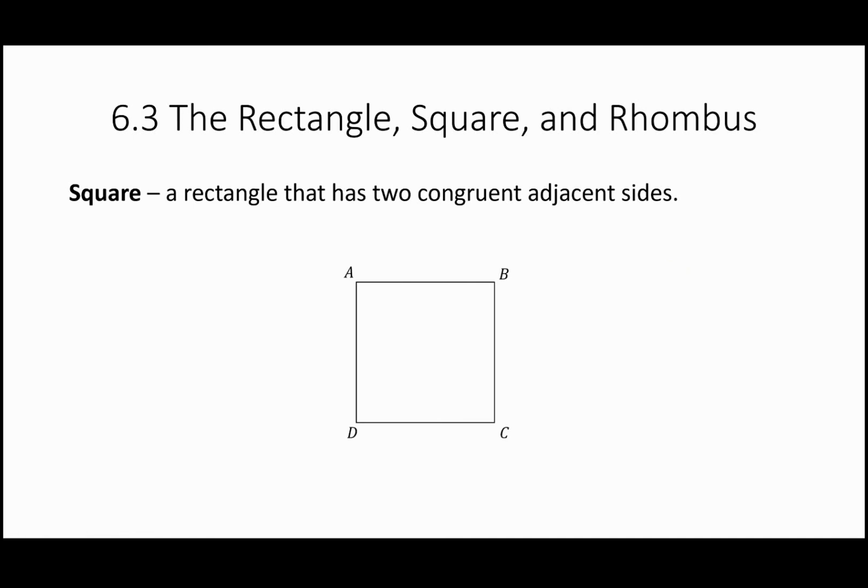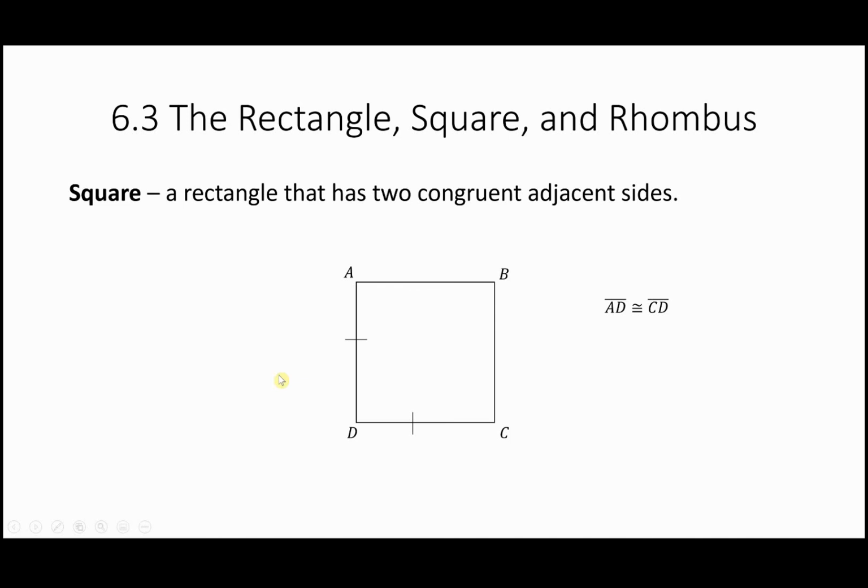Here's a quadrilateral ABCD. Let's say, for the sake of argument, that it's a rectangle, but two of the adjacent sides, which I'm going to specify with this figure as side lengths AD and CD, are congruent to each other. Then that means that this is a square. AD is congruent to CD.